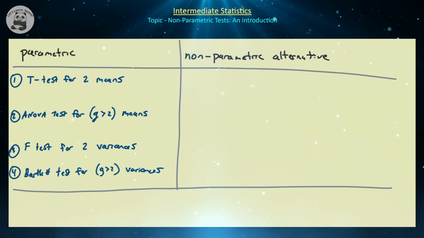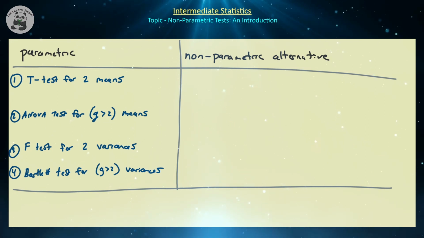What I want to do is just give the names of the non-parametric alternatives that we will also discuss in the near future, but at least you should be aware of their existence, just in case you do not plan to look at those tests in detail. So if you're interested in a non-parametric alternative to the t-test for two means, and that also includes dependent and independent cases, with more emphasis on the independent case, of course.